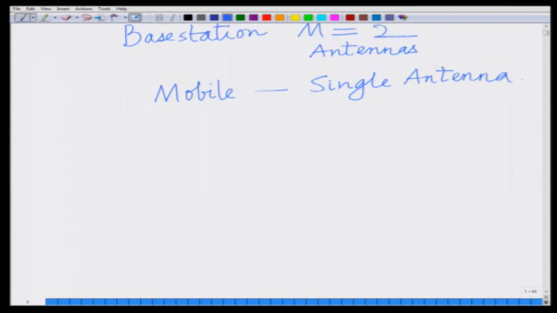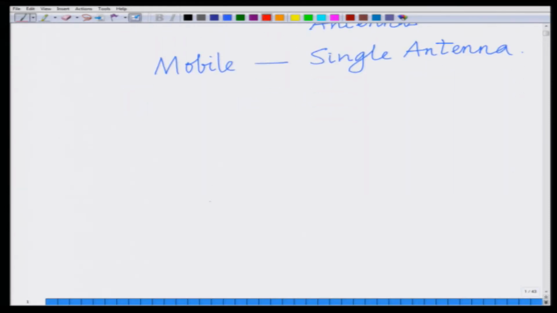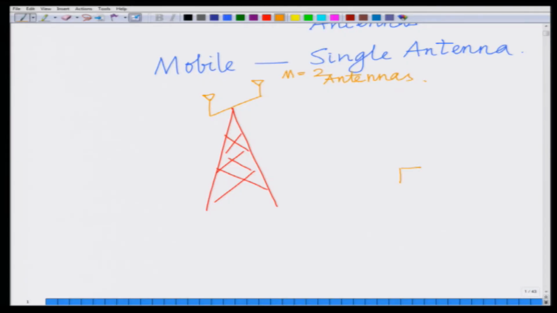So to depict it schematically, if I were to draw a schematic diagram, it is going to look something like this. I have a base station over here, and that has 2 antennas. So this is m equal to 2 antennas, and the mobile station, your mobile, has a single antenna.